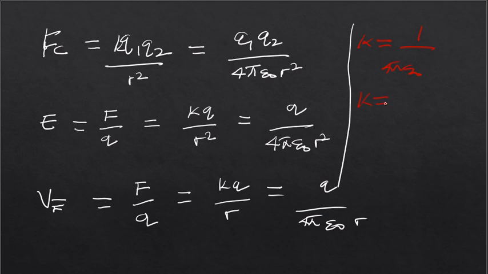And this same K is 9.0 times 10 raised to the power of 9 Newton meter squared per Coulomb squared. And we also have epsilon naught equal to 8.85 times 10 raised to the power of minus 12 F per meter. So this is what we have so far in this class.